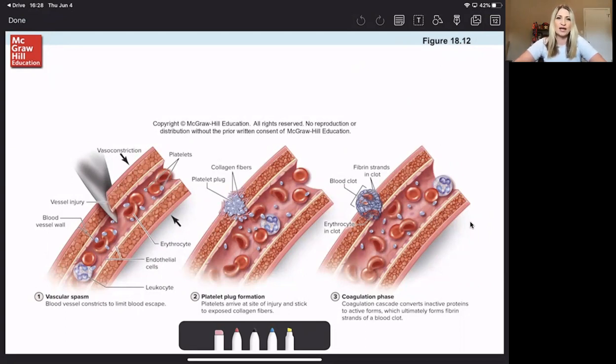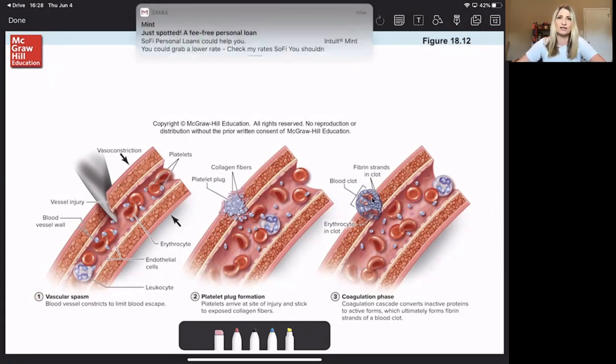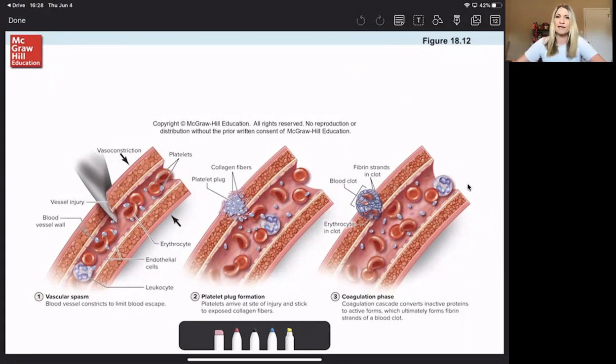Another thing that happens right after the injury to the vessel is that collagen fibers are exposed, and this is an important part of the second phase, which is the platelet plug formation. Normally when your vessel is healthy, it is lined by prostacyclin, which is the internal lining of the blood vessel that prevents platelets from sticking to the vessel wall.